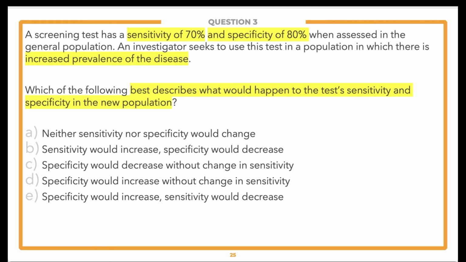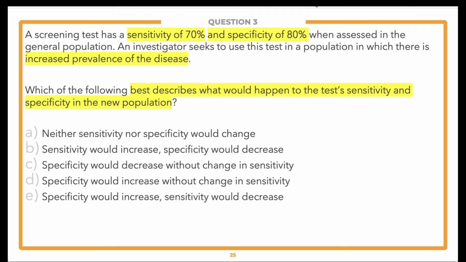So if the test is, let's say, a 90% specific test, if I test 10 people, well, 9 of the people will have the correct answer, whereas one person won't. Whereas if I do 100, it'll still be 90 versus 10, right? That percentage is still staying the same. The sensitivity and specificity will not change regardless of the prevalence of the disease.